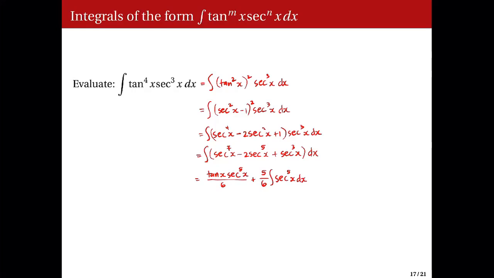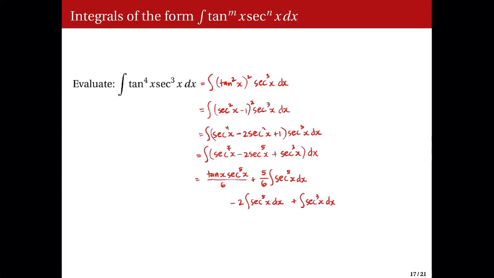And then you have that minus 2 integral of secant to the 5th power x dx, plus integral of secant cubed x dx.